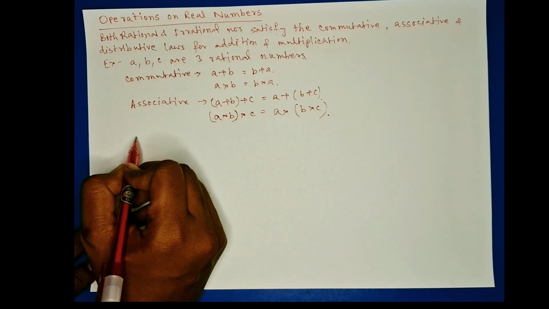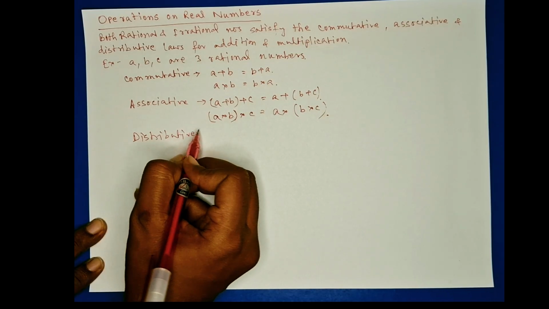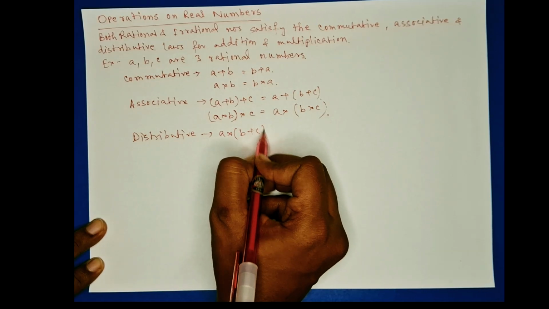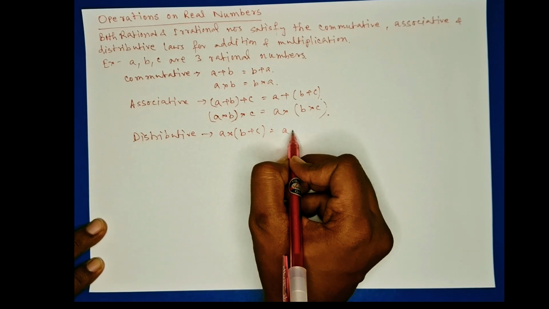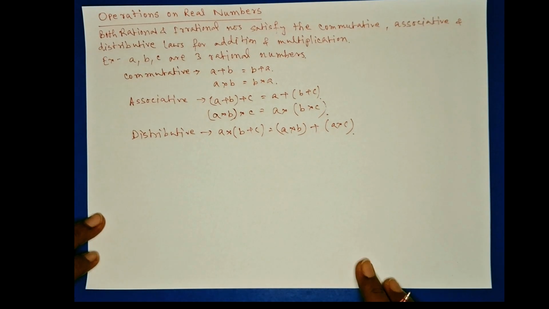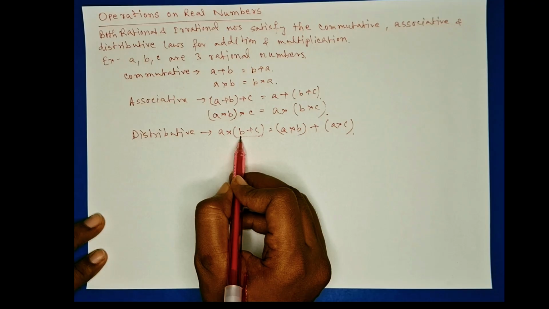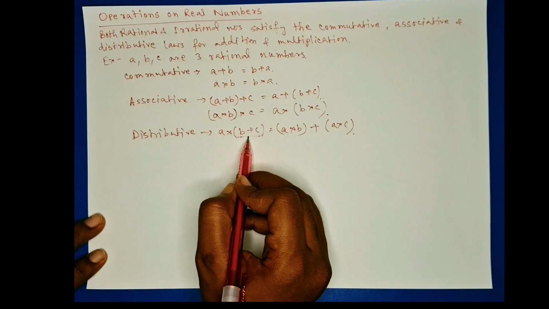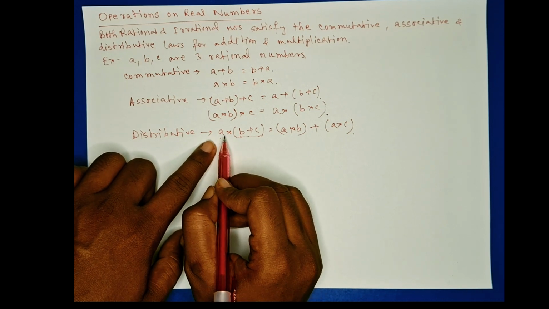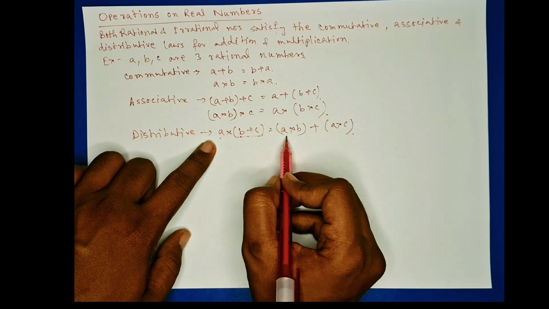And what about the distributive law? A into B plus C is equal to A into B plus A into C. That means after adding B with C, if I multiply with A, this will be the same as multiplying A with B, multiplying A with C, and then adding these two.